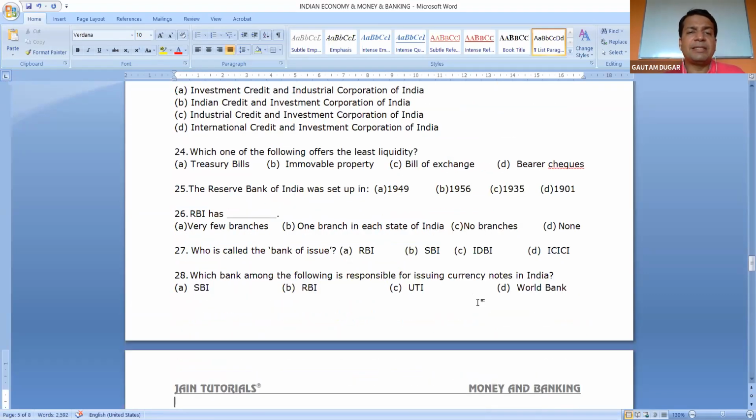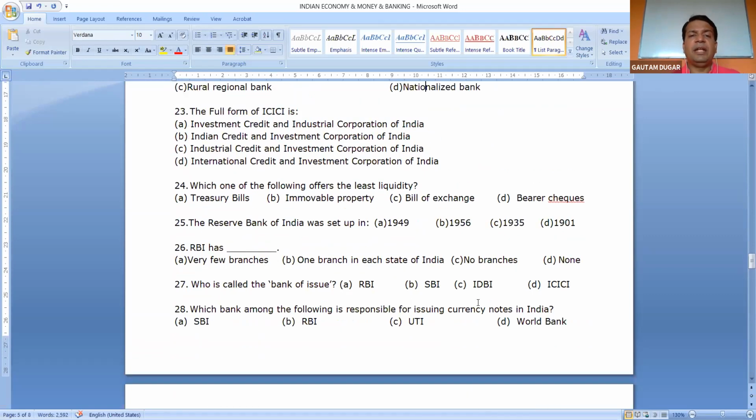The full form of ICICI is Industrial Credit and Investment Corporation of India. Option C. Question 24: out of these four, which one has the least liquidity? Answer is immovable property.